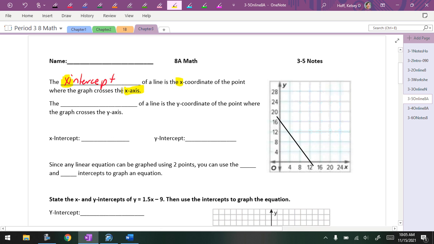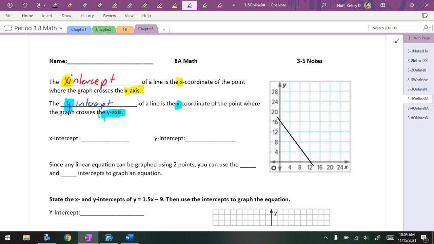Makes sense, right? All x's. And then we flip to the y-intercept of a line, which is the y-coordinate of the point where it crosses the y-axis.